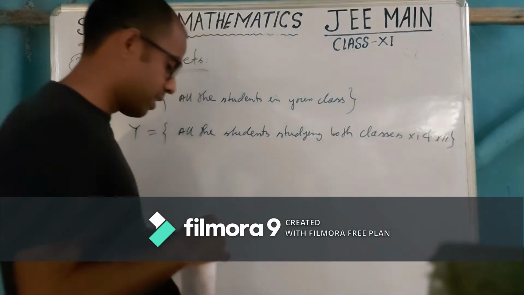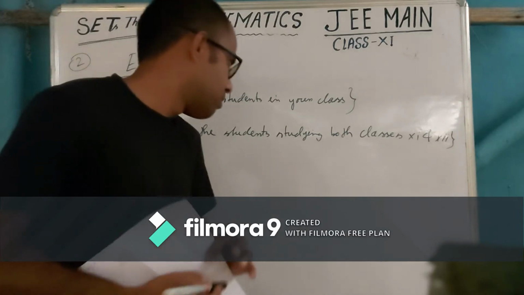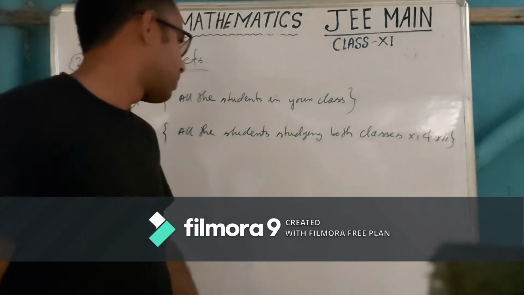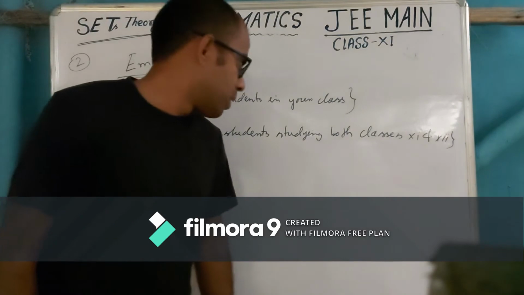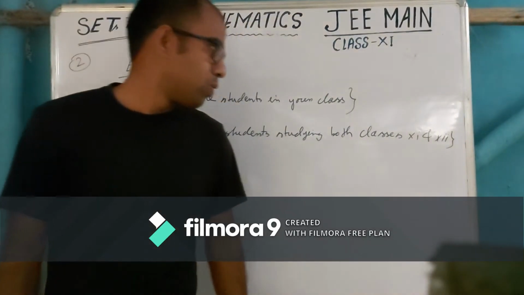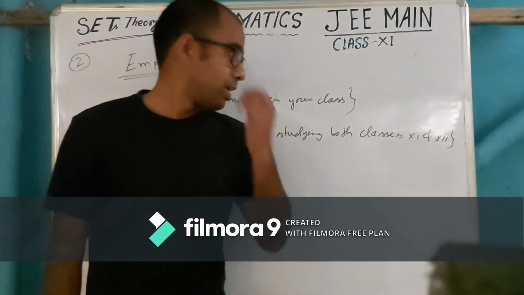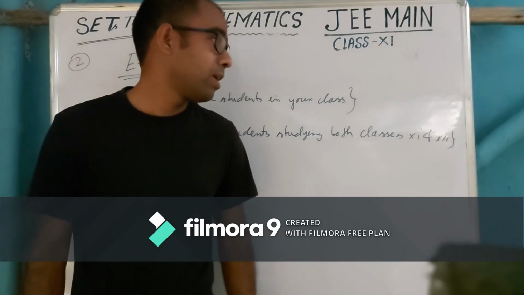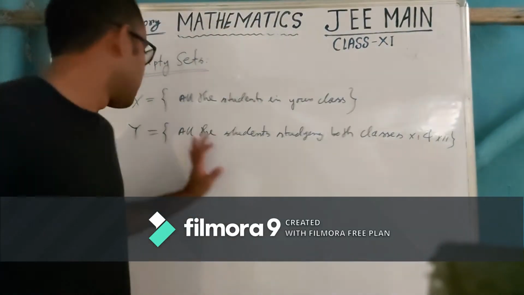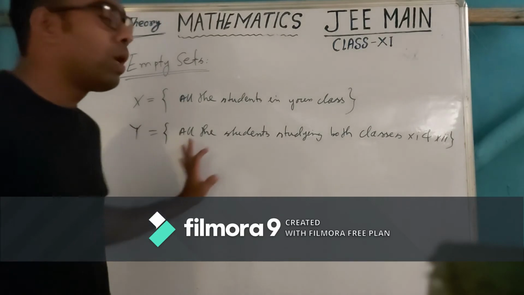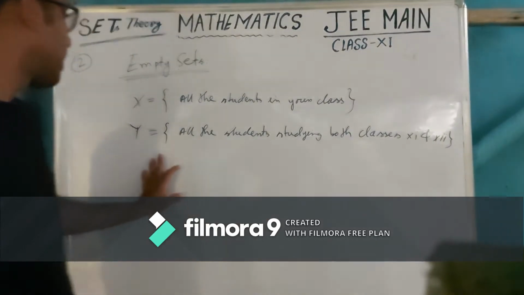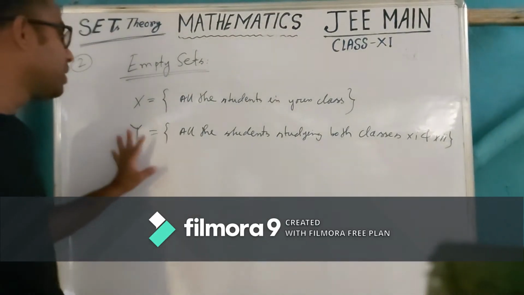We again enter the school and we cannot find any student who is simultaneously studying in class 11 and 12. That means set Y contains no element. We say that Y is an empty set.